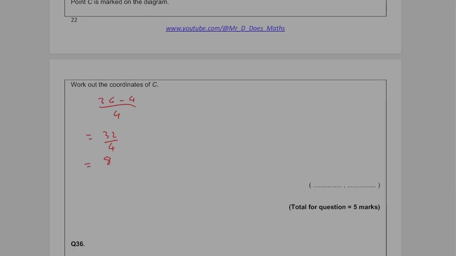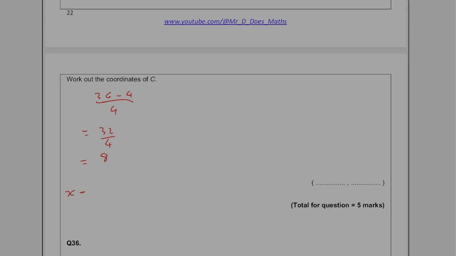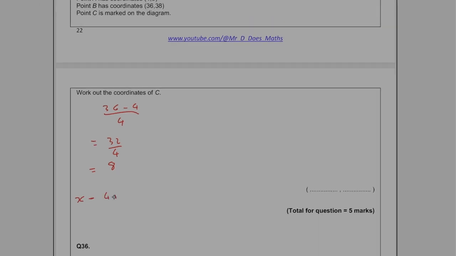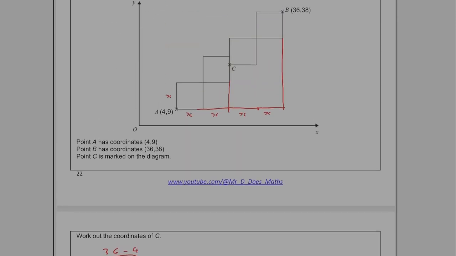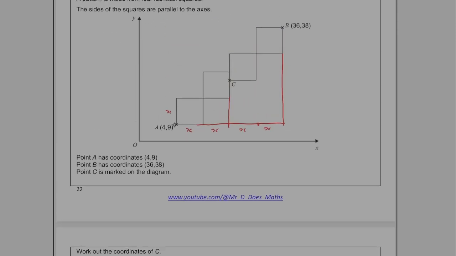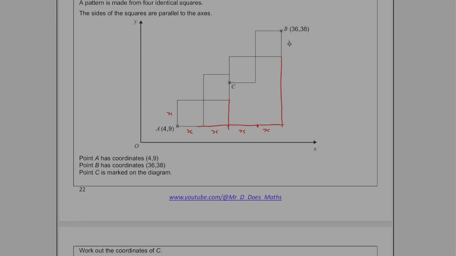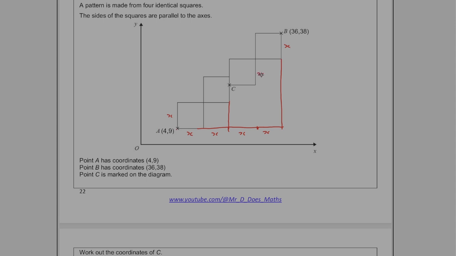So if we look at the x-coordinate first of all, the x-coordinate is going to be 4 plus 16, so that's going to be 20. Now, the y-coordinate is not slap bang in the middle of these two coordinates, but it is 2 lots of x below the y-coordinate.